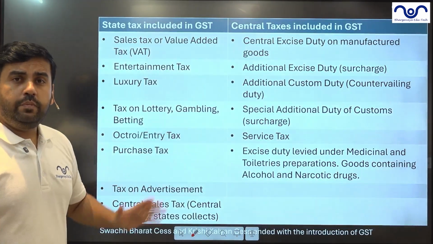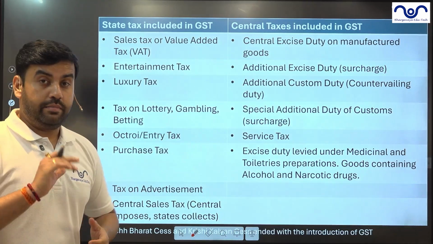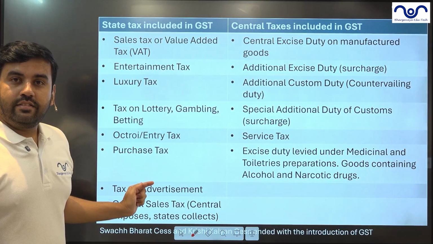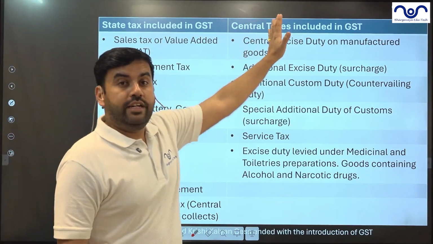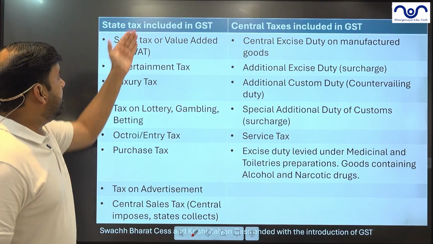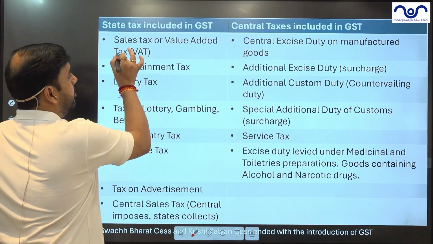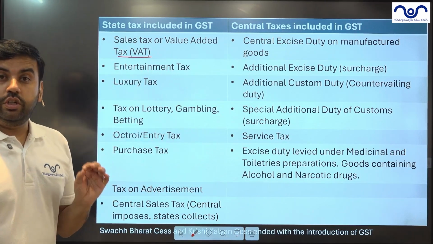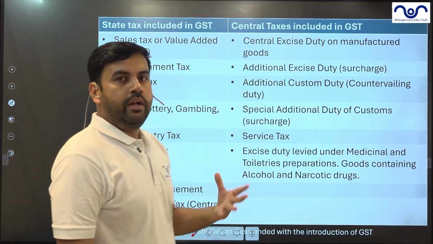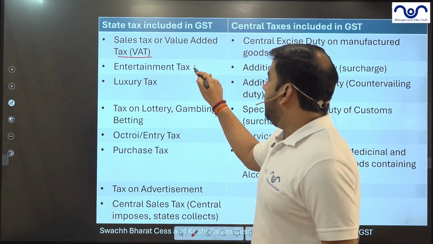Now this is where UPSC has asked the question in the mains examination. So let's understand that. What state related taxes have been included and what central related taxes have been included in the GST. Now the state related taxes are the value added tax, which was the largest share to the state before the GST. That's why they were asking for compensation. After this, entertainment tax.